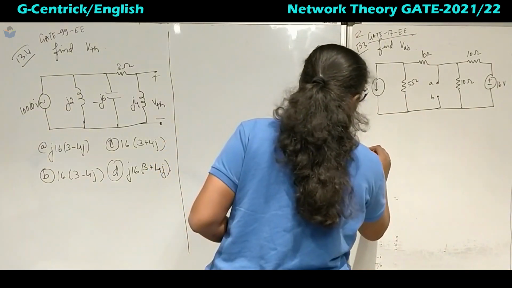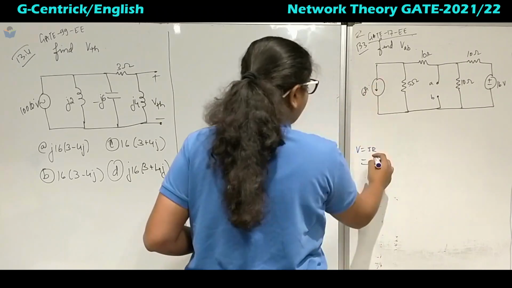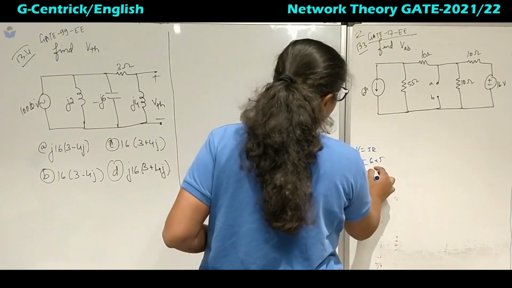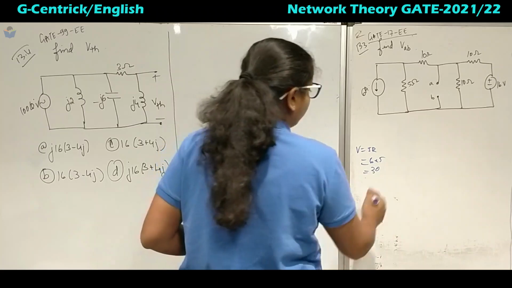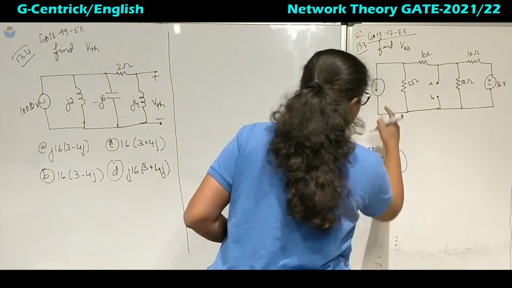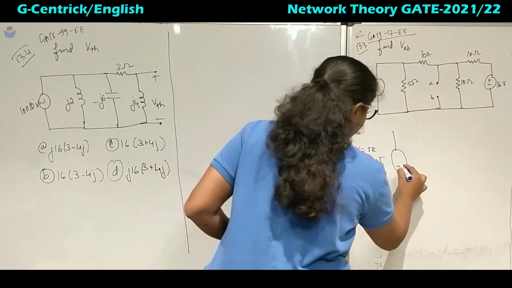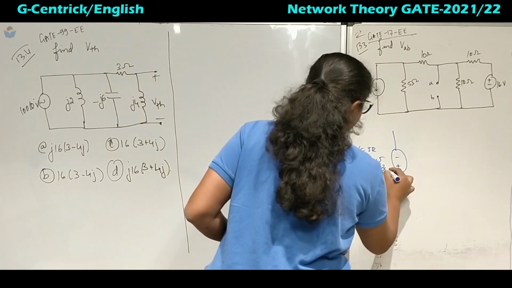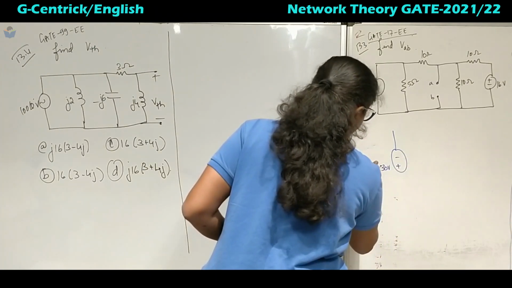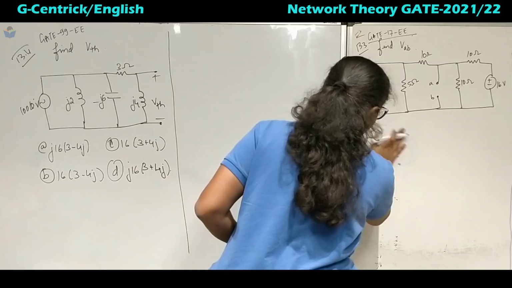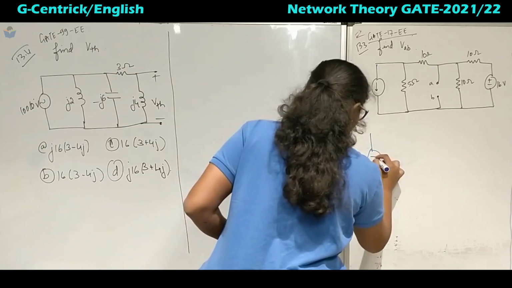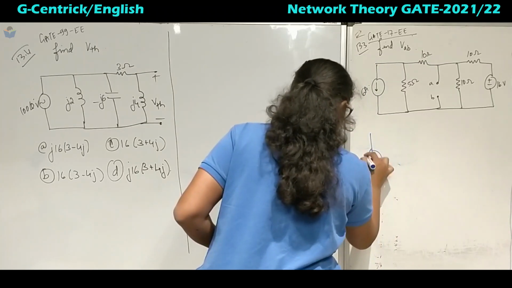Now how will we do this simplification? This V is nothing but I into R, so the I value is 6 into 5, you will get it as 30 volt. So this will be replaced by, see the polarity, plus will be down. So this will be 30 volts, and I'll redraw here, minus plus 30 volts.